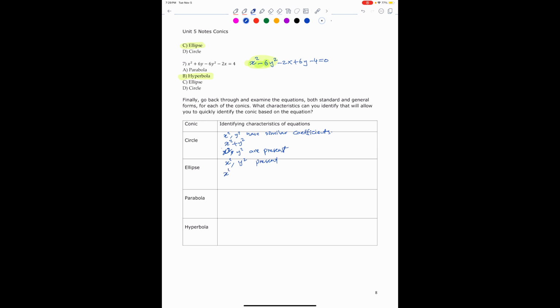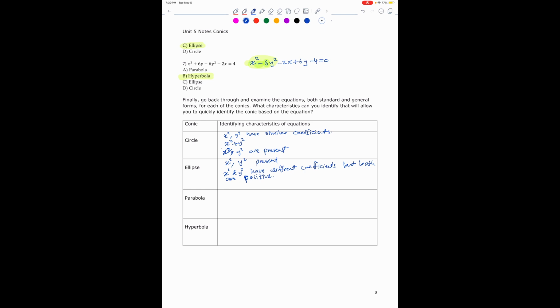So x squared and y squared have different coefficients, but both are positive. So that is how you're going to identify an ellipse.